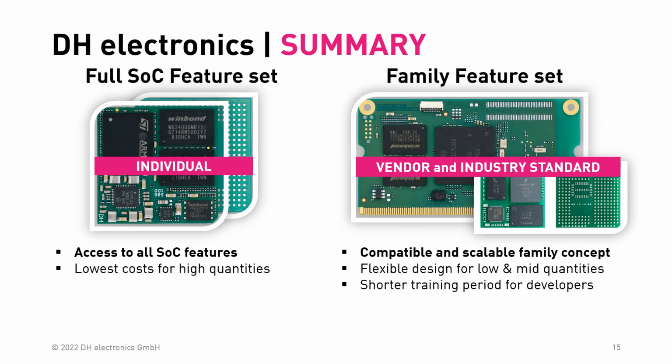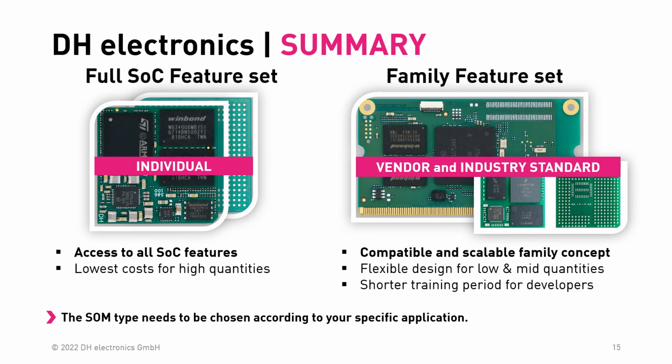We have the lowest costs for high quantities with the individual solutions. Typically, individual solutions are, most of all, soldered down system on modules. This is exactly what we are doing with our DH core family. On the right-hand side we have the standards, the vendor standards, the industry standards.